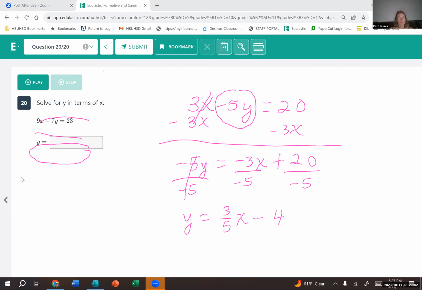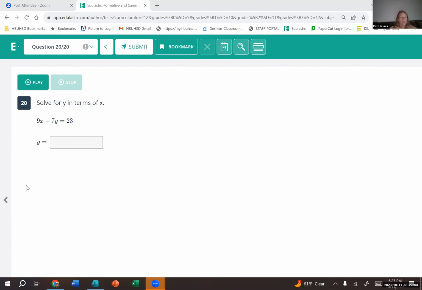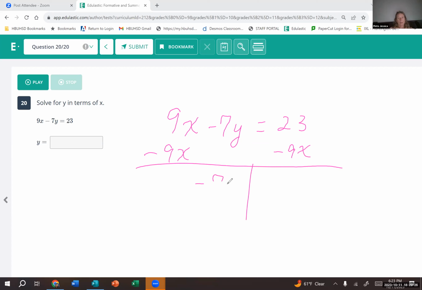Same idea here. So if you want more practice with this, you definitely want to do that solving for y worksheet, the extra credit. So again, we'll write it down again. 9x minus 7y is equal to 23. So I'm going to subtract 9x. I'm going to write that as negative 7y, negative 9x, positive 23, just like last time.